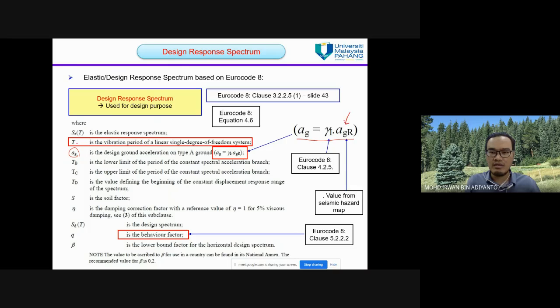Alpha gR we refer, okay, to the value from the seismic hazard map we discussed in part 1. This one is the importance factor proposed in clause 4.2.5 in Eurocode 8. q is the behavior factor from clause 5.2.2.2. We will discuss the importance factor and the behavior factor later in topic 4, which is for seismic design.